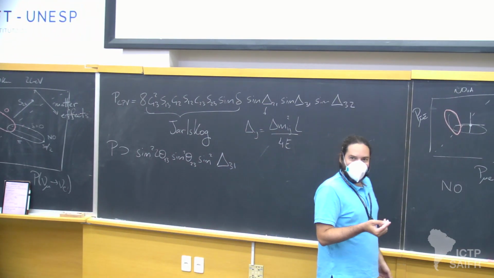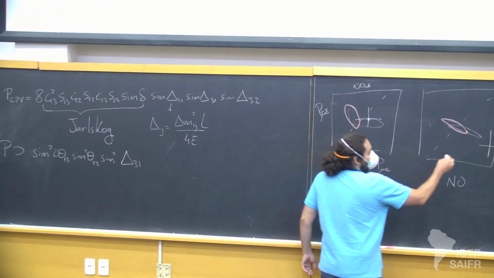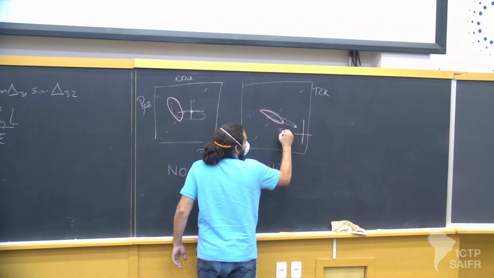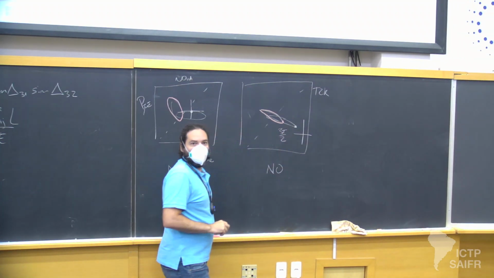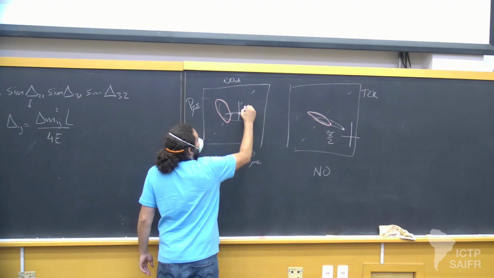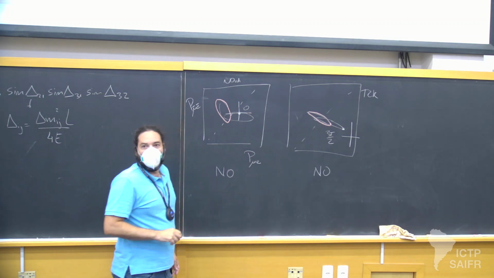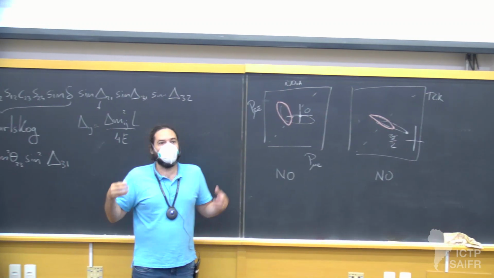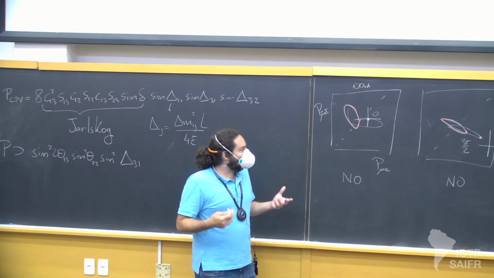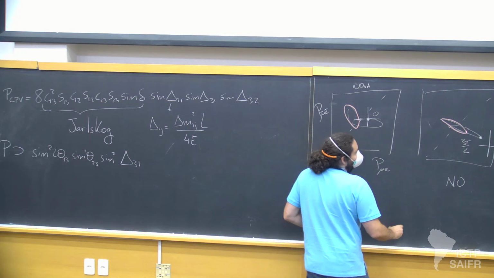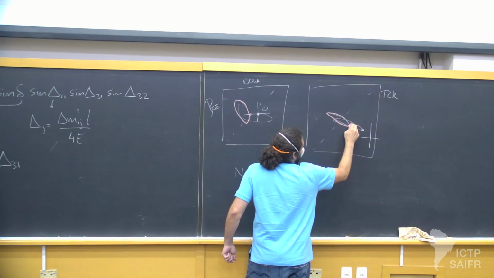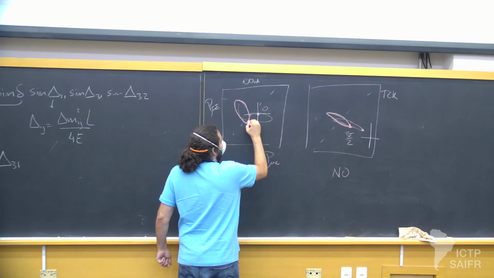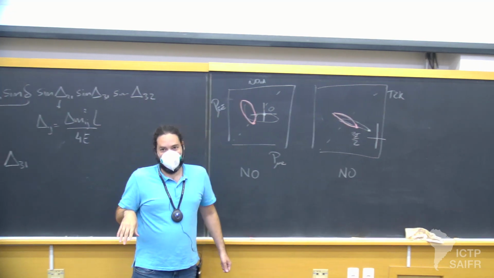But when you combine these two results, T2K prefers 3π/2 for delta CP, but NOvA prefers delta CP equals 0 if the ordering is normal. So there is a tension there. And the tension is actually such that if you take inverted ordering for both, it's actually a better fit.